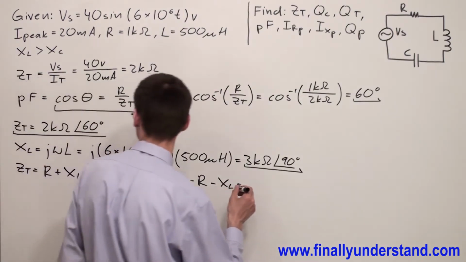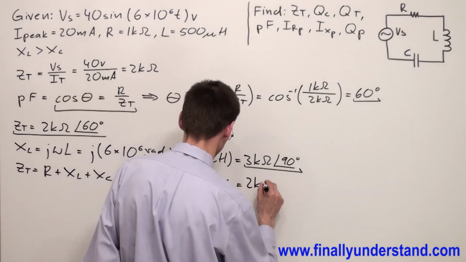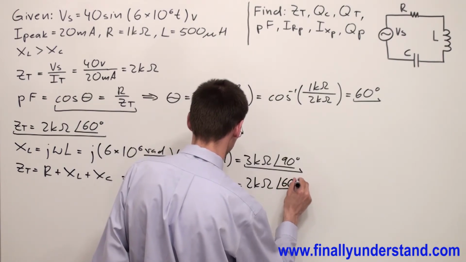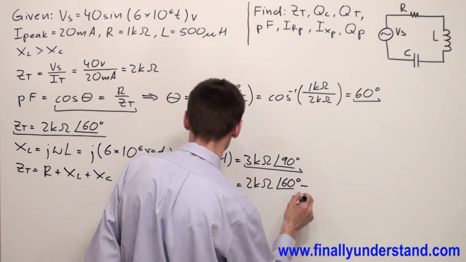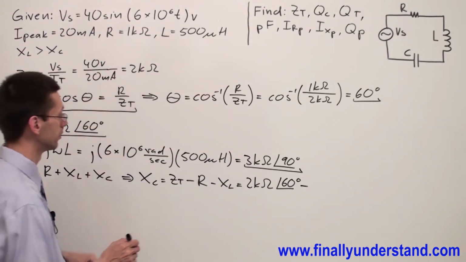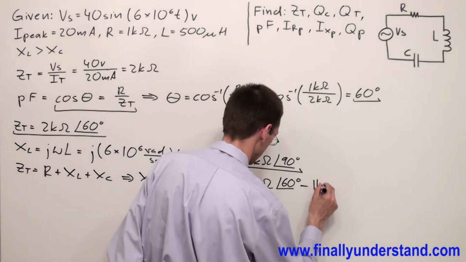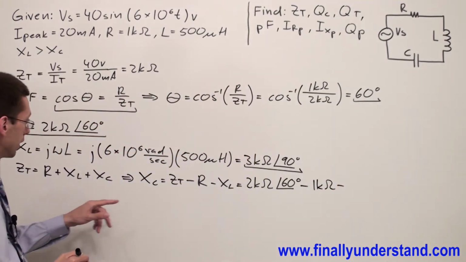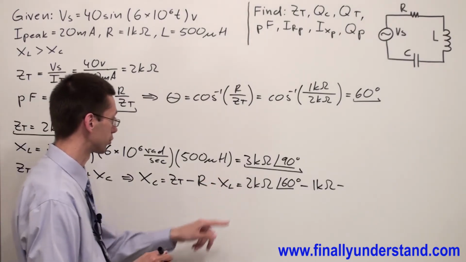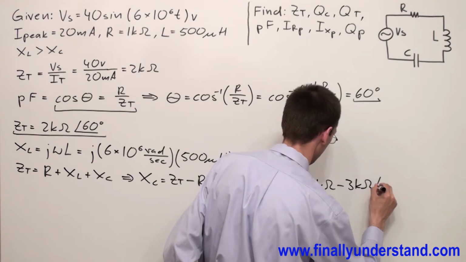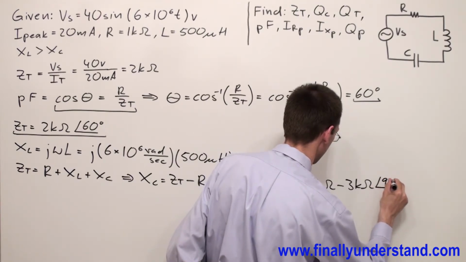So I have Z total equals 2 kiloohms, an angle of 60 degrees, minus resistance, which is equal to 1 kiloohm, minus X of L, which is equal to 3 kiloohms, an angle of 90 degrees.